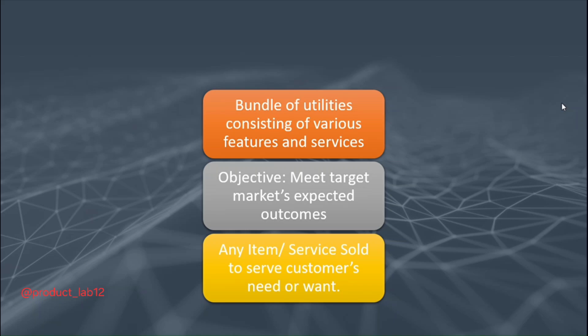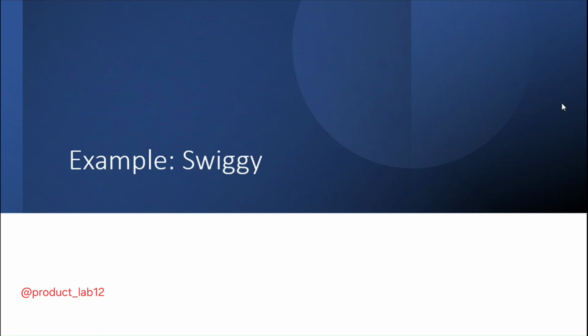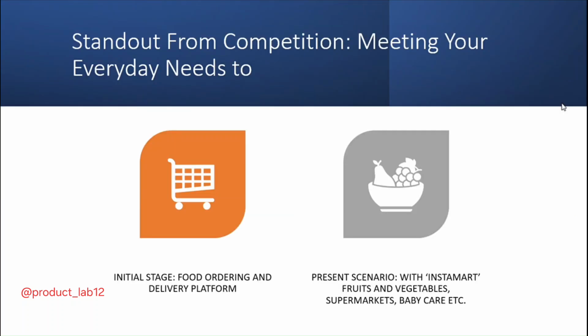Let me take one more example. We have been using Swiggy. In the Indian market, Swiggy is a great delivery app. It delivers food, and it delivers a lot of other daily items which we need for our daily usage. So how is Swiggy standing out from the competition?